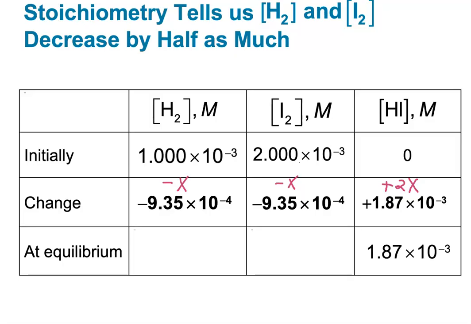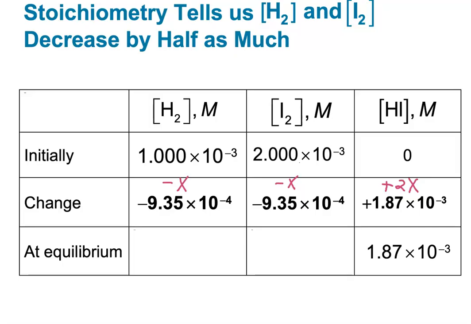Because we know that, we can figure out what the change is. If you take 1.87 times 10 to the negative 3 and divide it by 2, you get 9.35 times 10 to the minus 4. So the 1.87 is the equilibrium concentration of the HI, but that's represented as 2x.